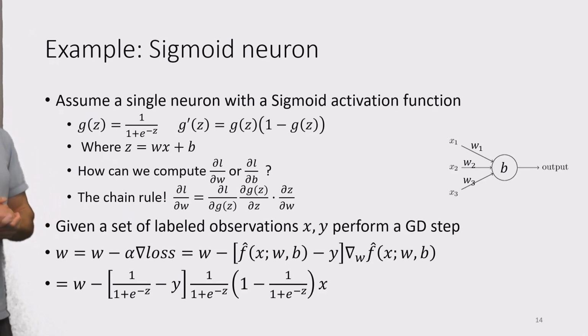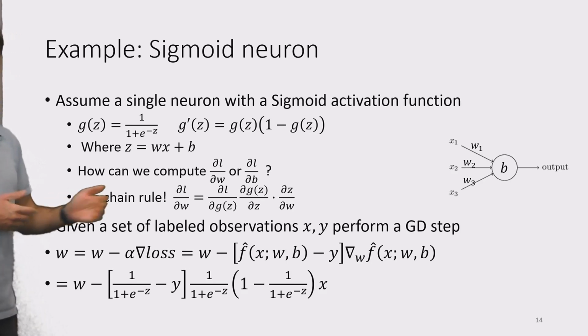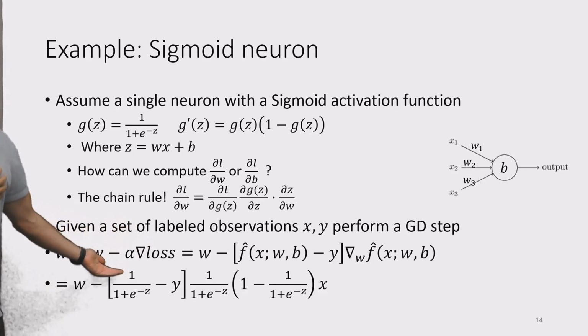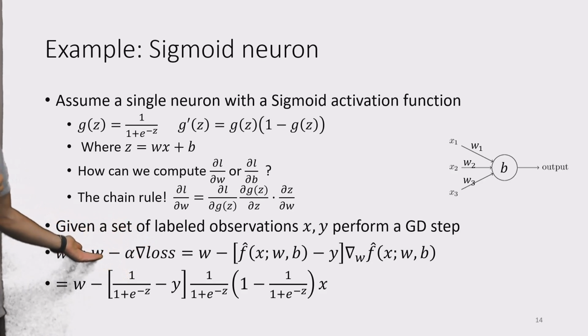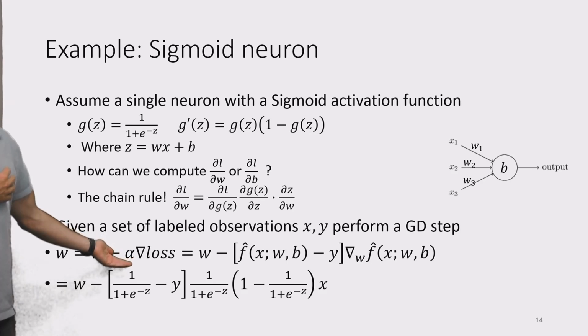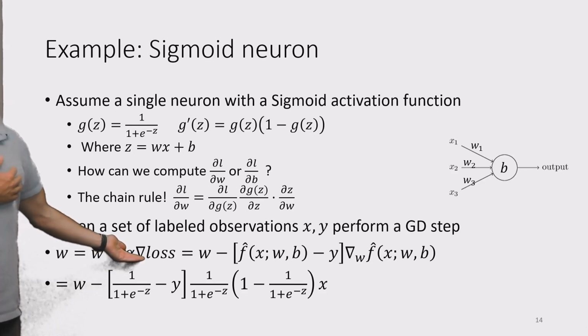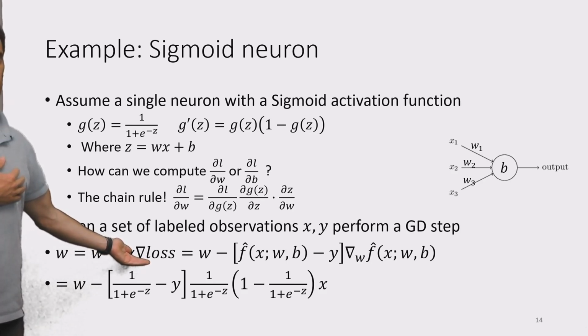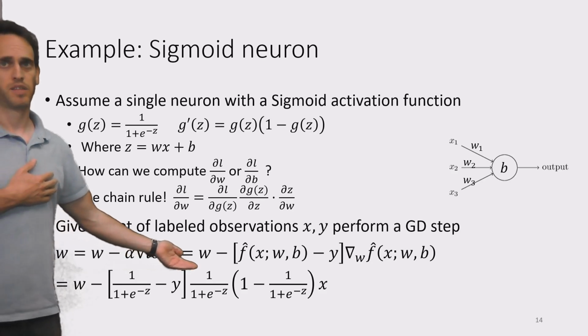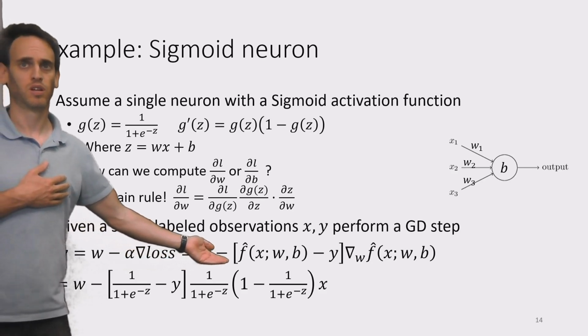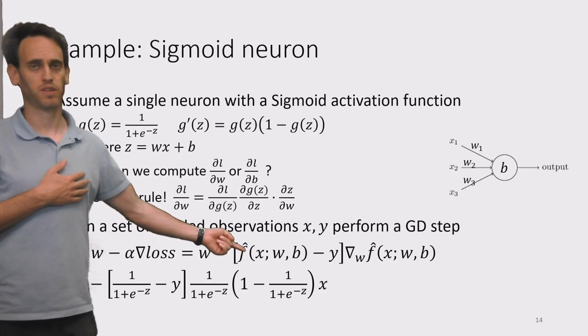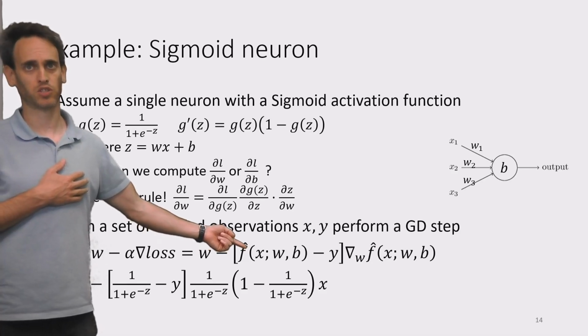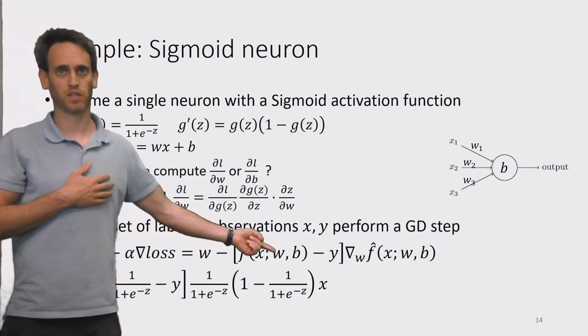So let's assume as before that we are given a set of labeled observations, x and y, and now we want to perform a gradient descent step. So how do we do it? We set the new W to be the old W minus some learning rate multiplied by the gradient in our loss function. This translates into the derivative of our loss function with respect to the activation, right?